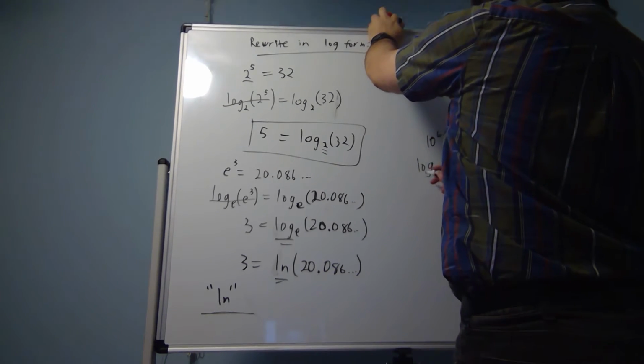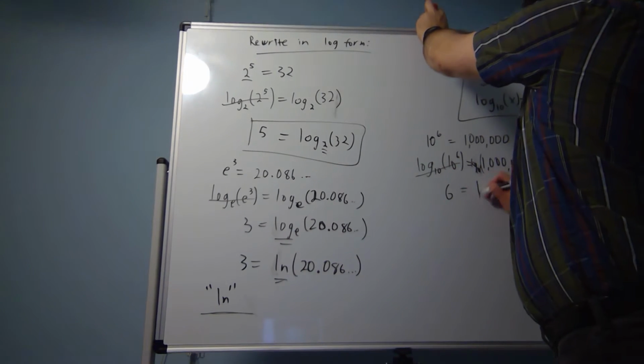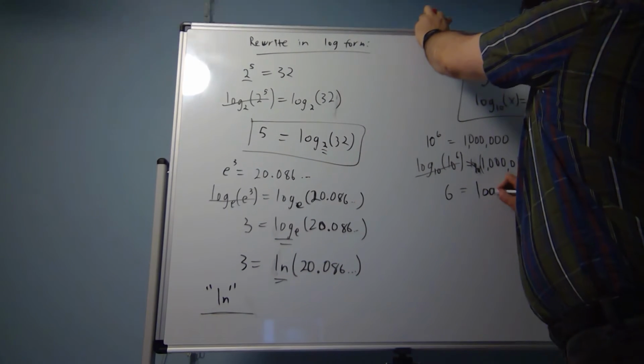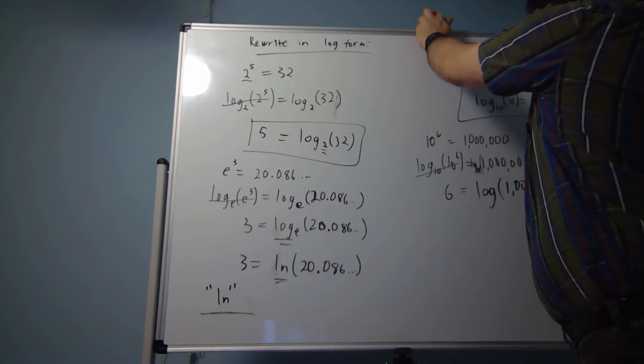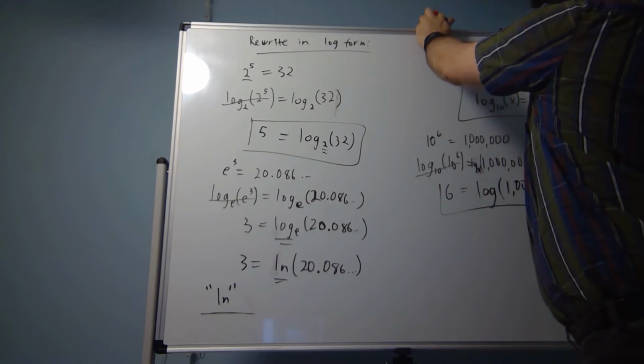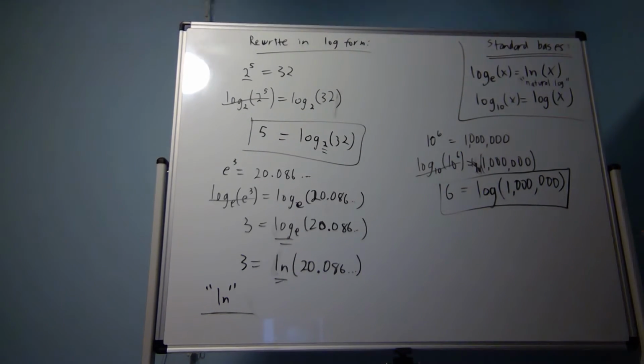So the left hand side, that's the inverse property, and then 6 is equal to log base 10, or I could just write log now. I think MyLab, if the base is e, wants you to write ln, and if the base is 10, it just wants you to write log. They don't want you to specify log base 10 manually. They want you to use the standard shorthand, which is this.